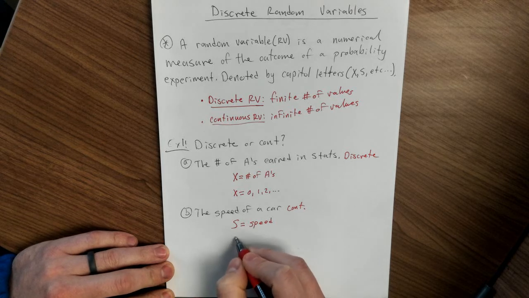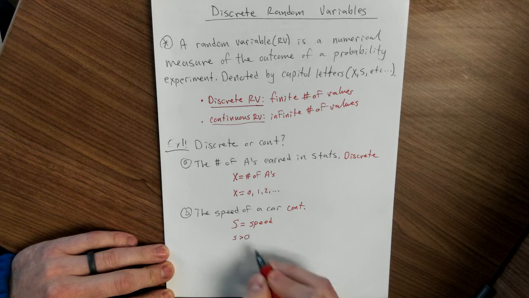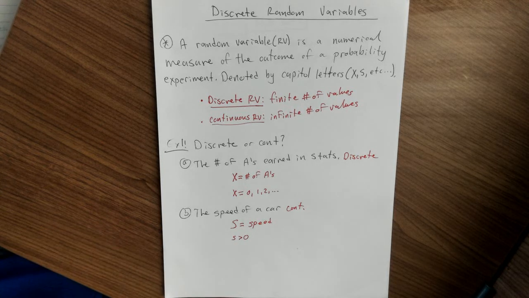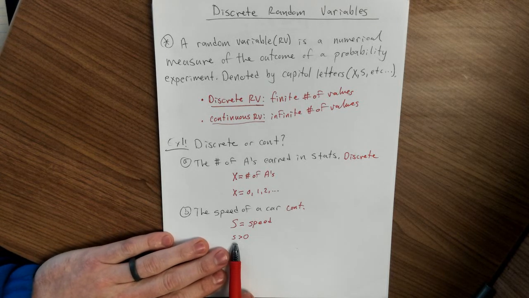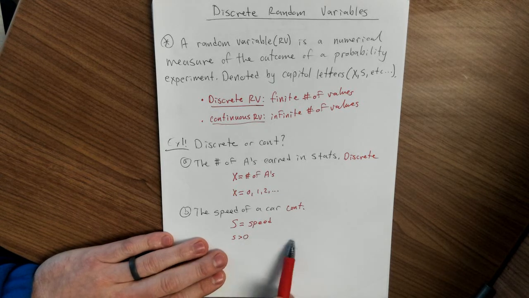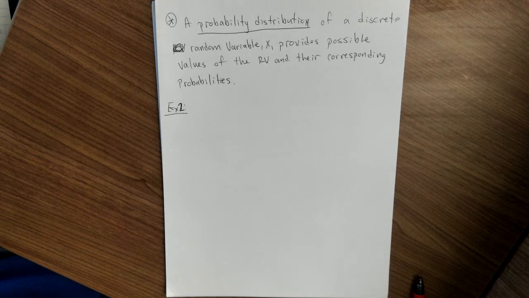Then what values can this S take on? Well, it can take on any value greater than 0. We won't restrict the top, even though there probably is a top, but here this indicates that we can't have a negative number, and we can have any type of decimal in here. So that indicates a continuous random variable.